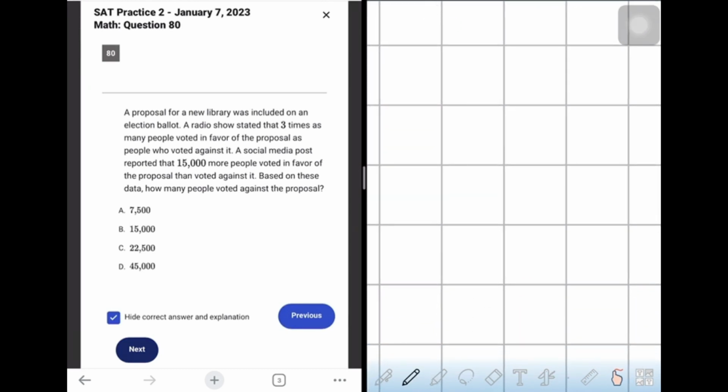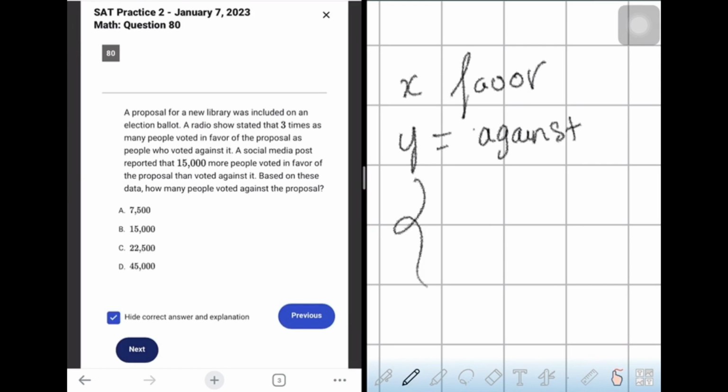Okay, wow, the question is very long. We will let x represent those in favor and y represent those against, and we will write a system of equations.